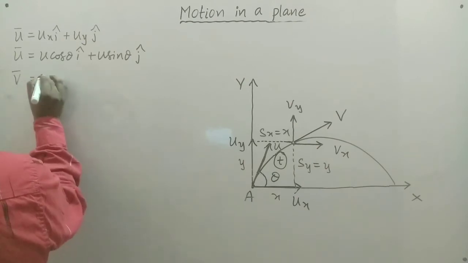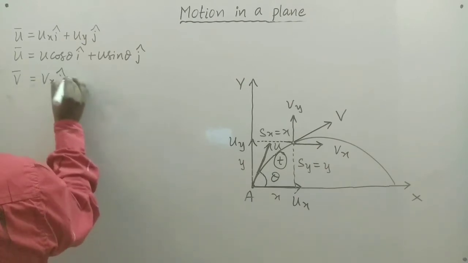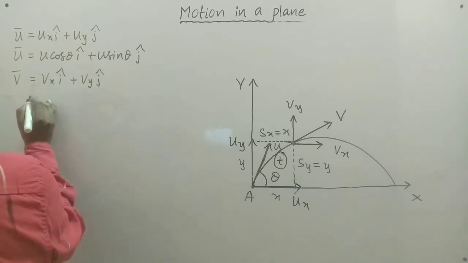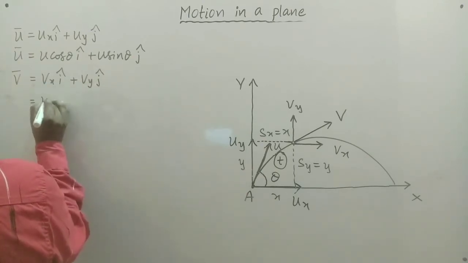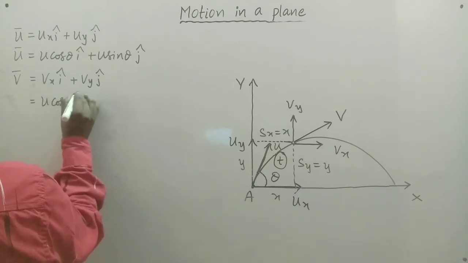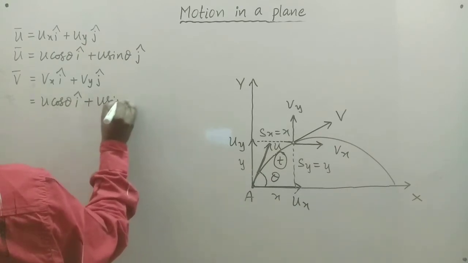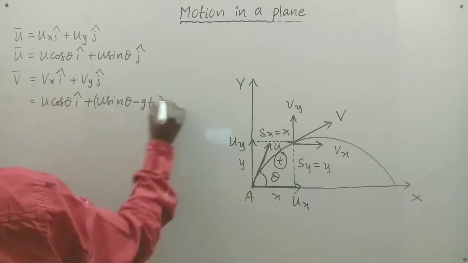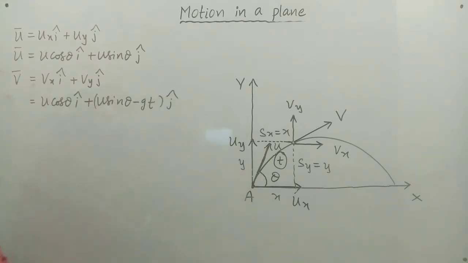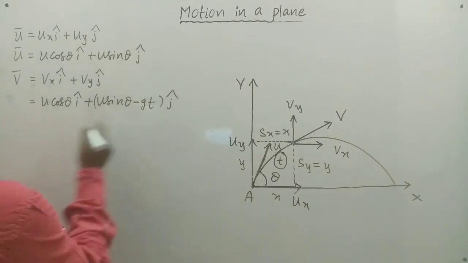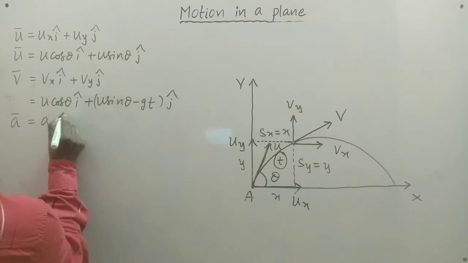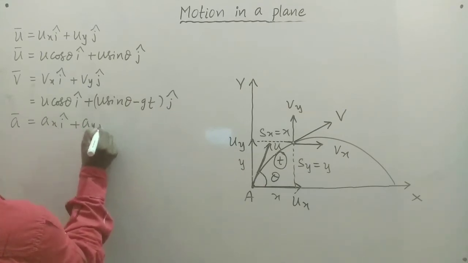What is that? Vx i cap plus vy j cap. Right. Next, in this case, u cos theta i cap plus u sin theta minus gt. Already we got vy value. Here this is j cap.